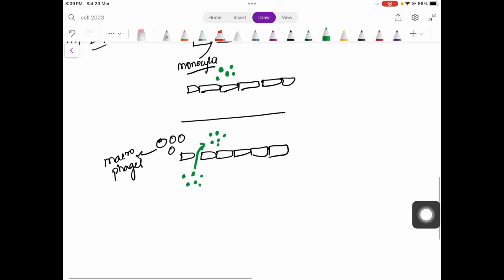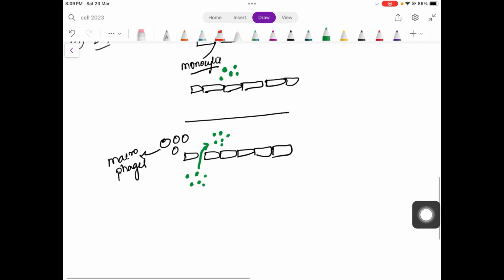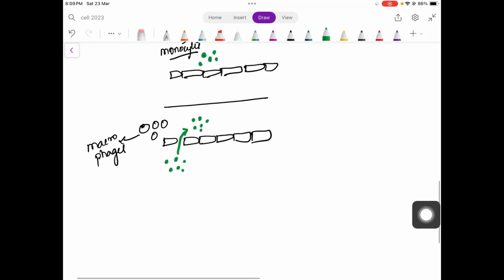When LDL molecules have moved into the subendothelial space, they will be trapped inside the subendothelial space by proteoglycans.